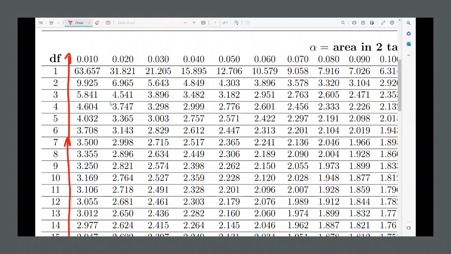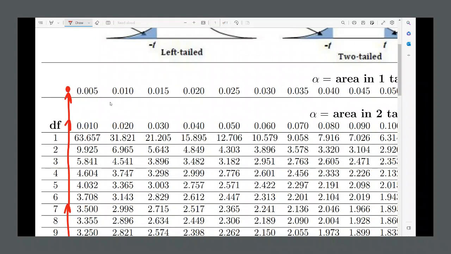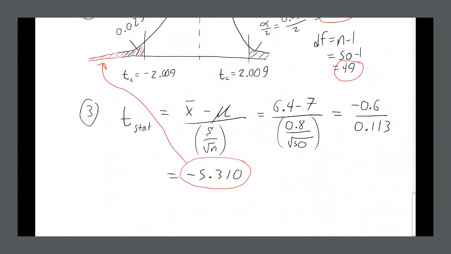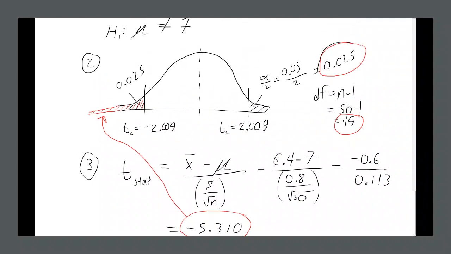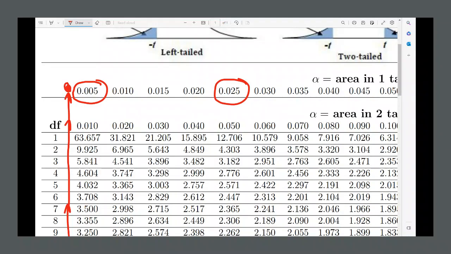Because we have a two-tailed situation, if we compare it to our row of one-tail sizes, this would actually be half of the p-value. Half of the p-value would be even less than 0.005, which is certainly less than our tail size of 0.025. If you recall, that's our tail size here, 0.025, which is half of our alpha. So if half of our p-value is certainly less than half of our alpha, then our p-value is also less than alpha, which will also tell you that we are, in fact, rejecting the null hypothesis. That's if you prefer that method.